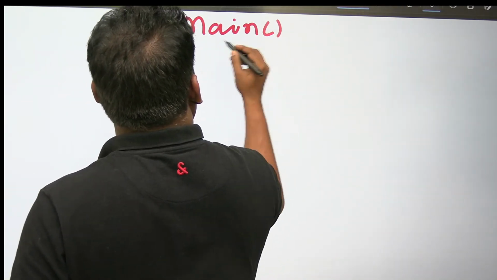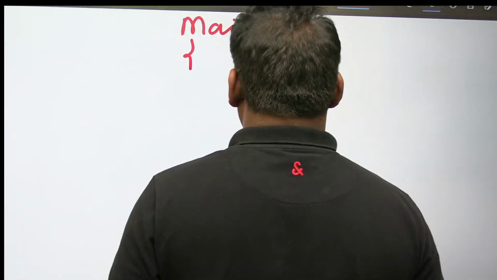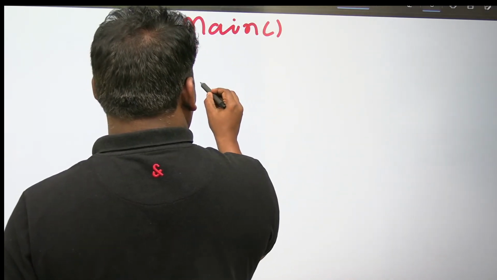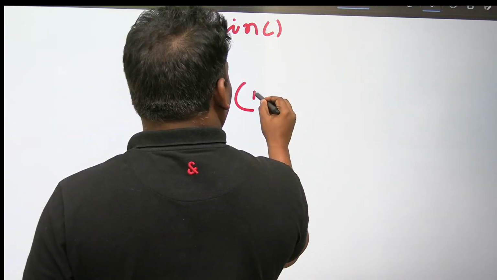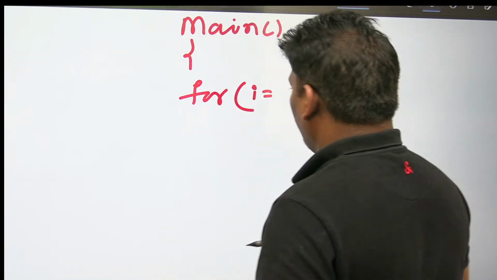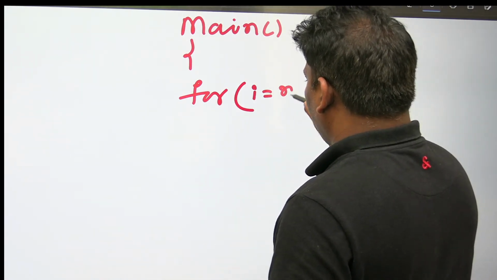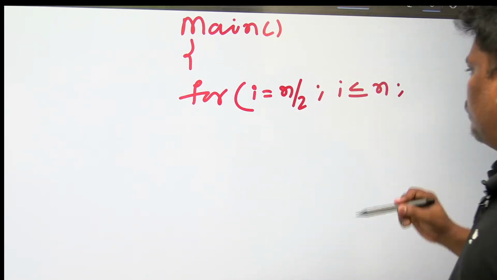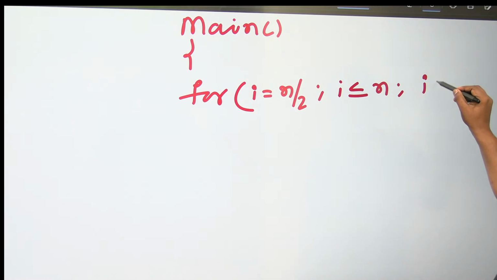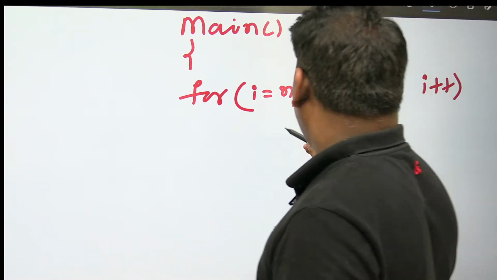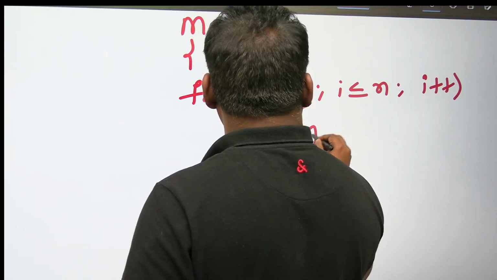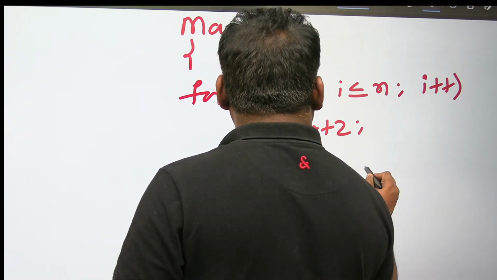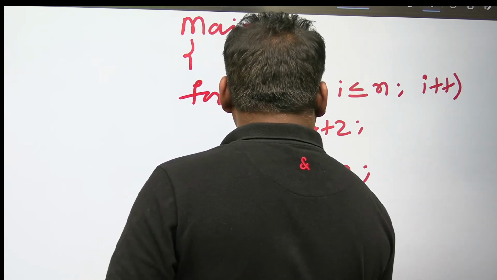Main: for I is equal to n by 2; I less than or equal to n; I plus plus; x is equal to y plus z; x is equal to y plus z; x is equal to y plus z.